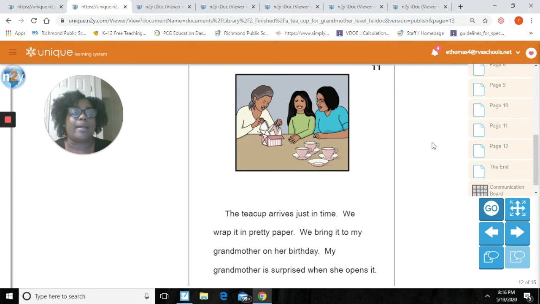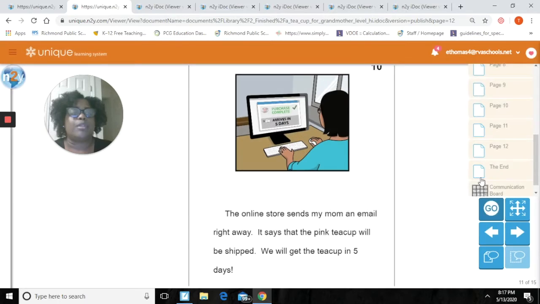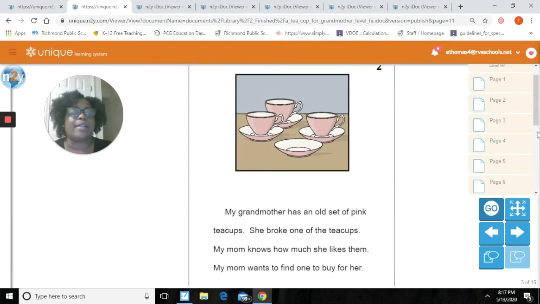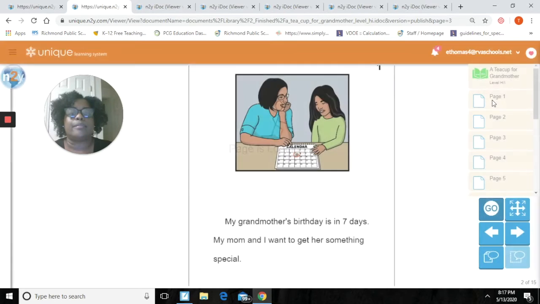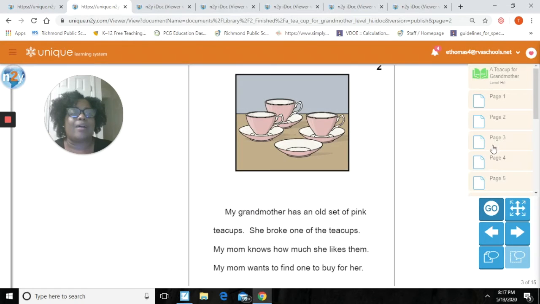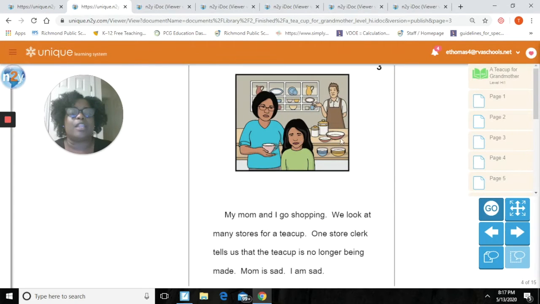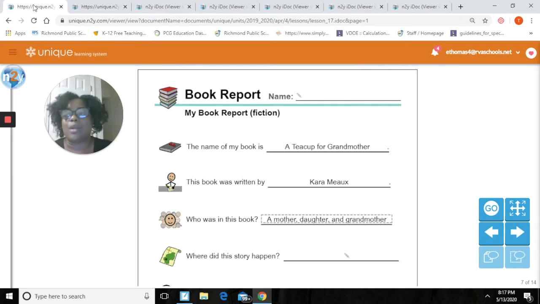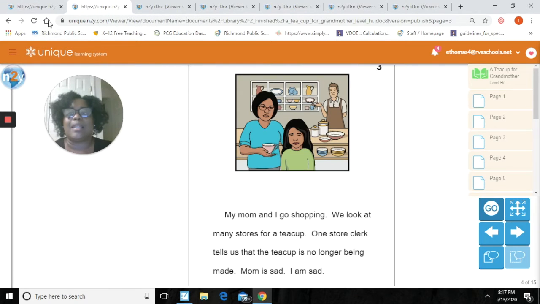So let's go back and take a look at the picture. So here it looks like they're in a house, right? If we look at most of these pictures, you'll find that they are where? Inside the house, seems like, right? They only went out one time. So since they went out one time, we do need to acknowledge that, okay?